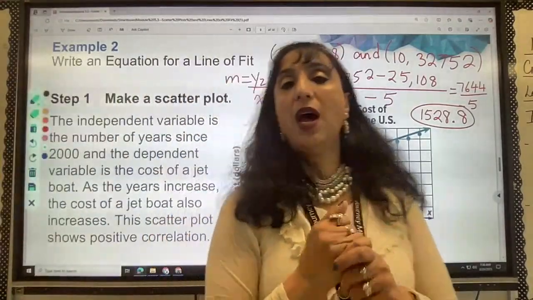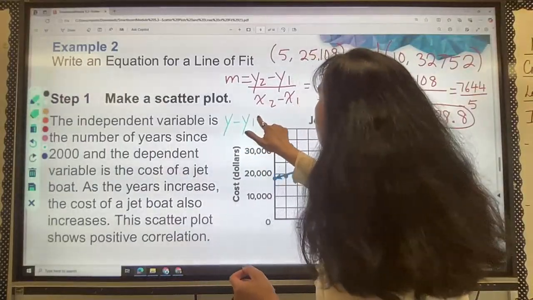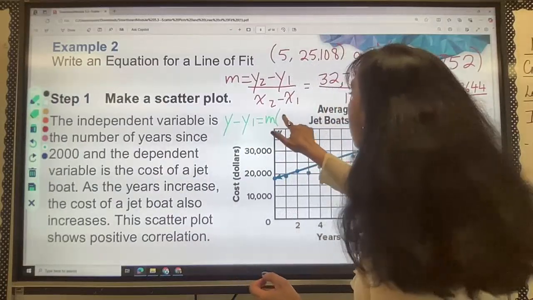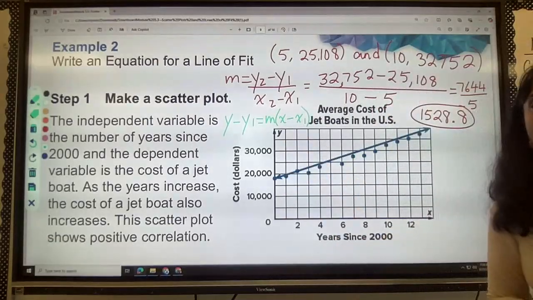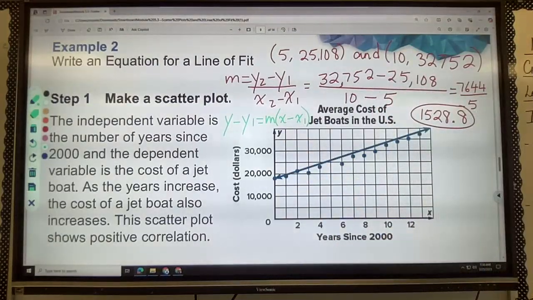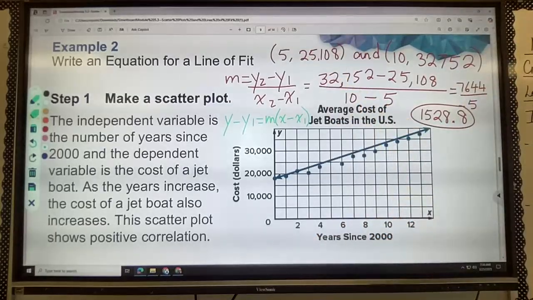Okay, so I have y minus y1 is equal to slope times x minus x1. So this is my point slope formula. I am just going to now substitute the values. You can take one of the ordered pairs.